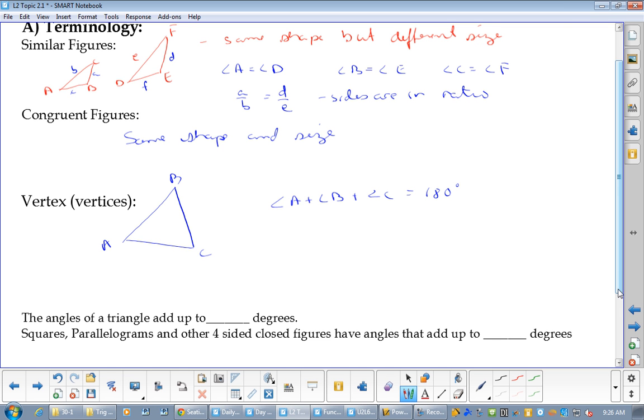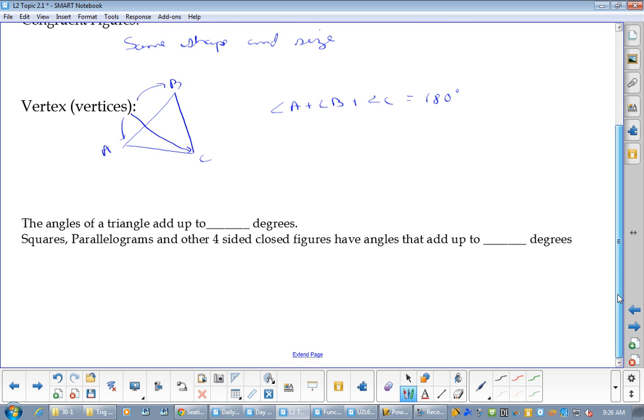Okay, but these are the vertices here, here, and there. Okay, so like I just said, the angles of a triangle always add up to 180 degrees. Squares, parallelograms, and other four-sided figures all have an angle of 360 degrees.